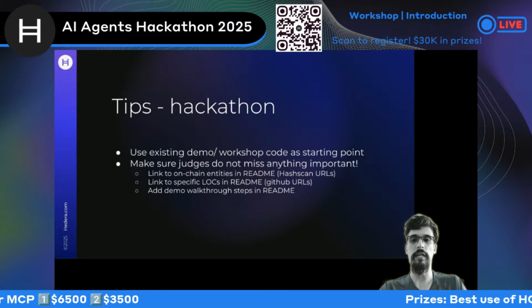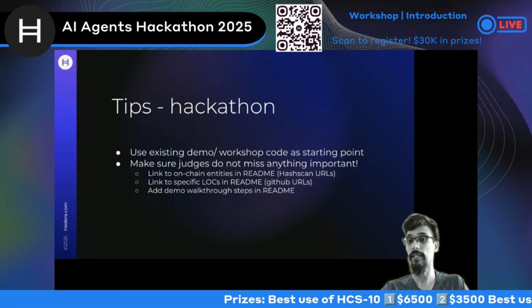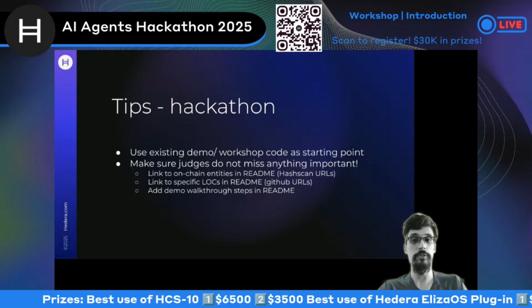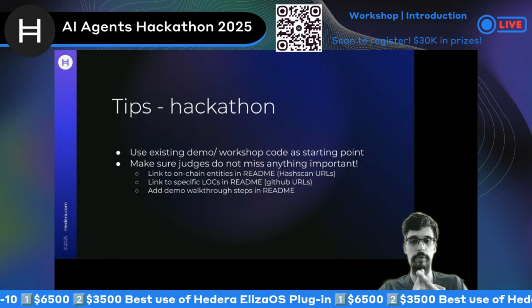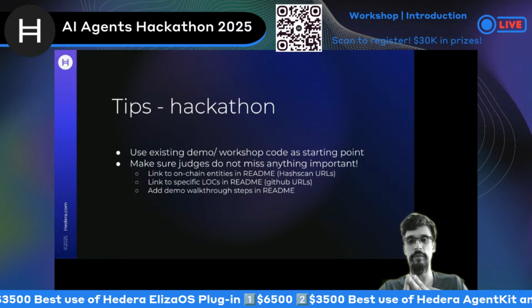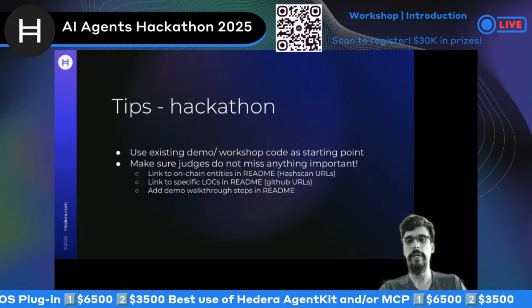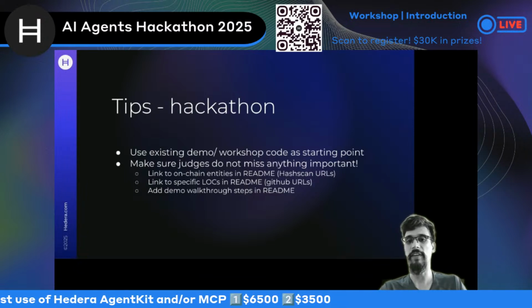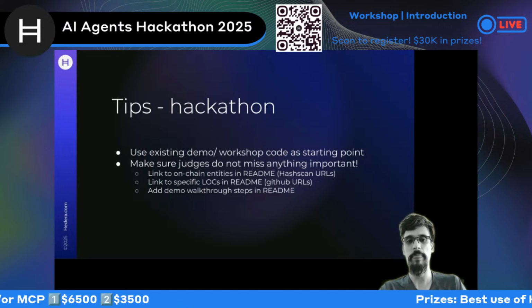The next few points are around ensuring that you put your best foot forward with the judges when they are evaluating your submission. The two things that all submissions must include are the code repo on GitHub and a demo video on YouTube. In your code repo, in your README, the best thing to do to help the judges quickly and effectively evaluate your submission is to add certain information into the README.